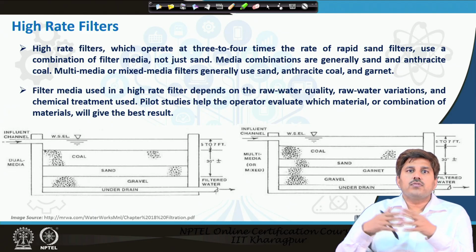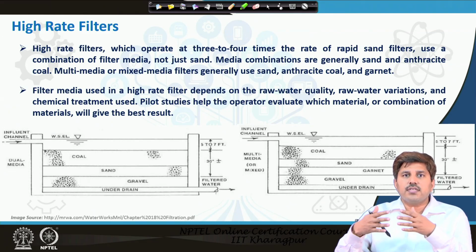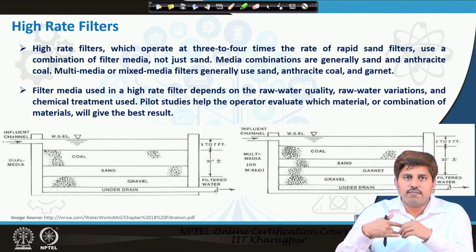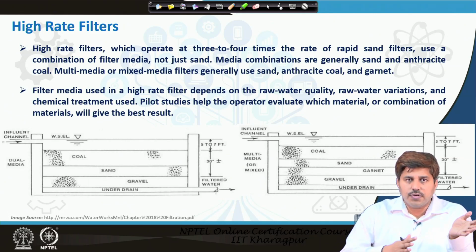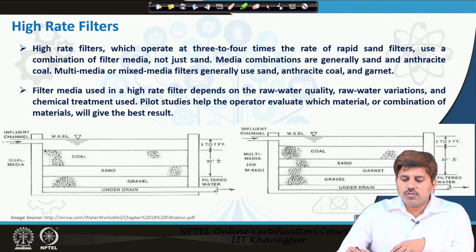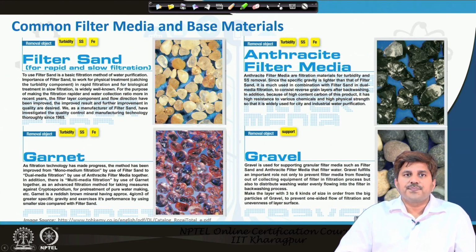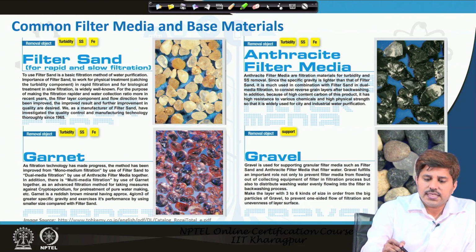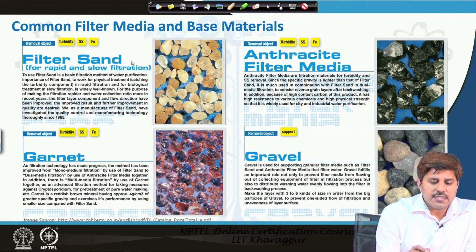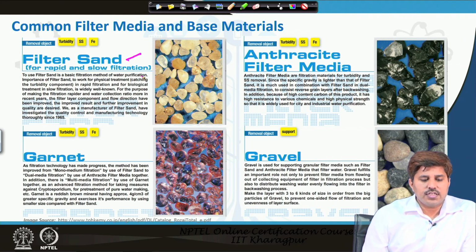So, the filter media used in high rate filters will depend on the raw water quality, the raw water variation, and what previous chemical treatment has been given. Those need to be seen, and then these can be quite effective. The common filter media and base material in rapid sand filters are filter sand, which is for rapid and slow sand filtration both.